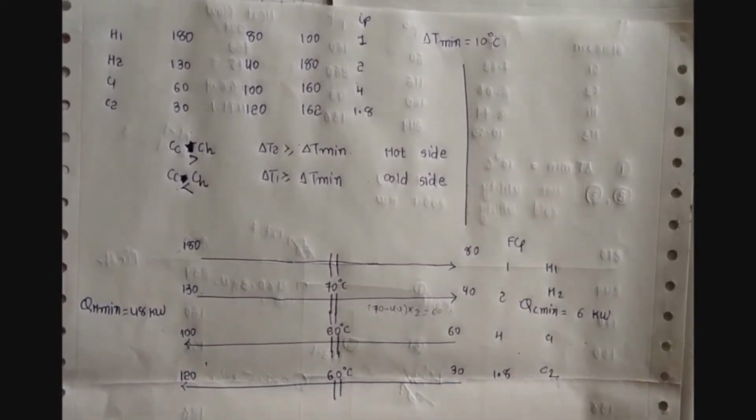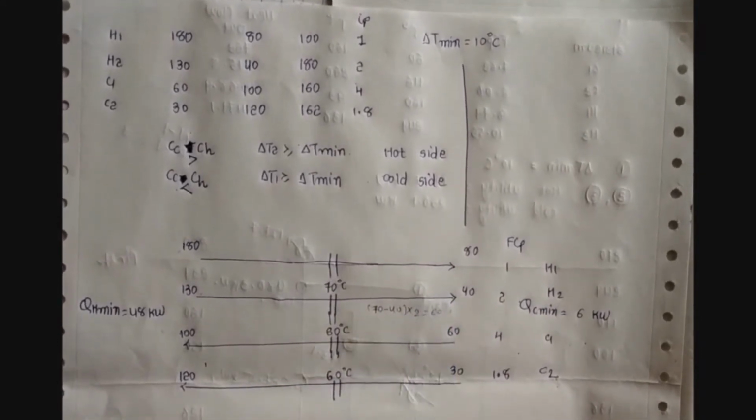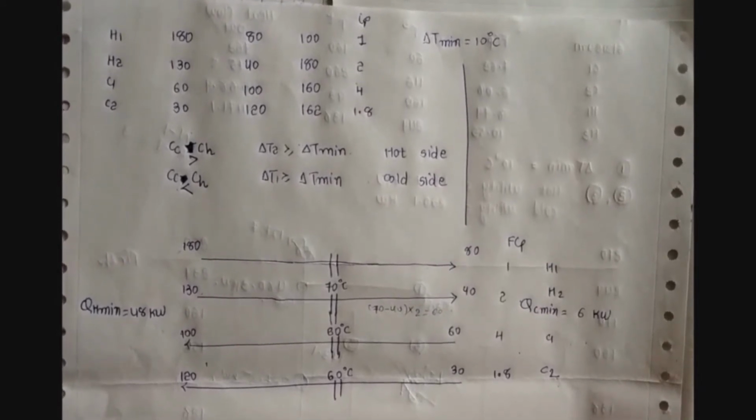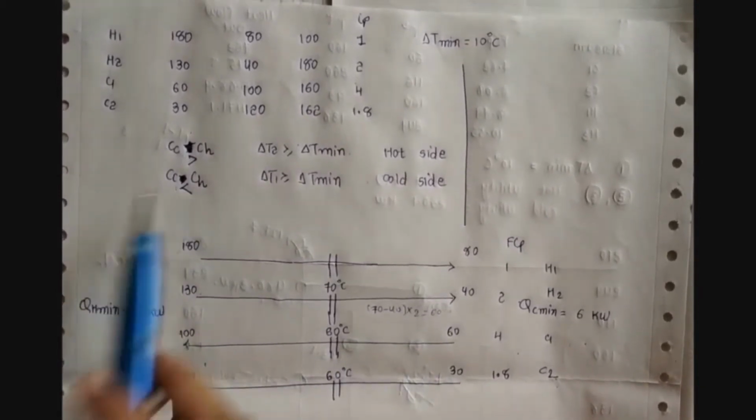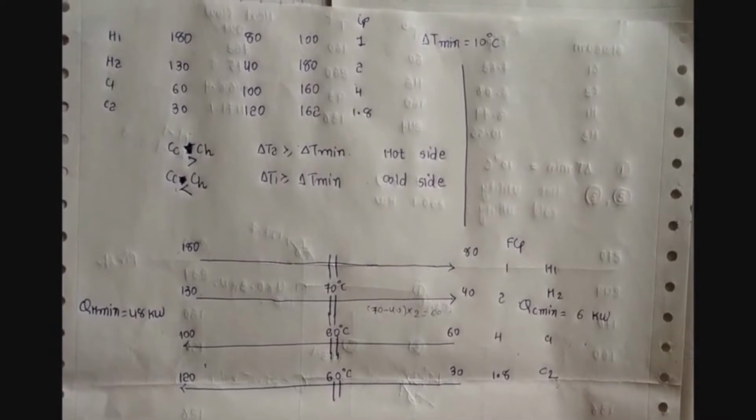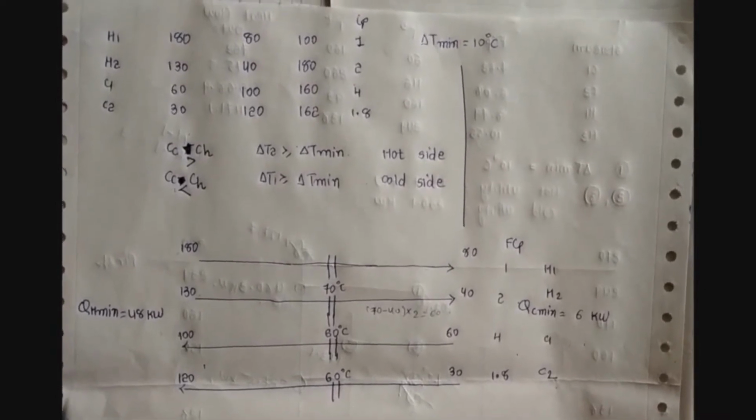Now we will see how we can transfer the heat of H1 and H2 with C1 and C2. So first we will start with the cold side. First we consider this necessary condition: CC, the heat capacity of the cold stream, should be less than the hot stream heat capacity, right?